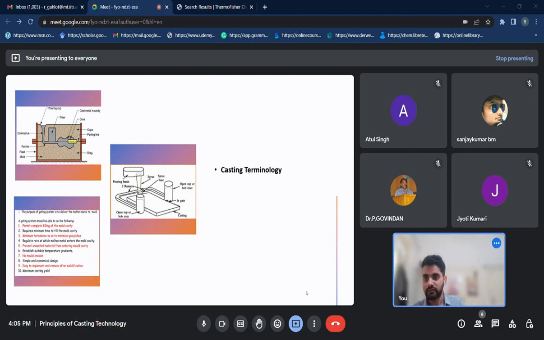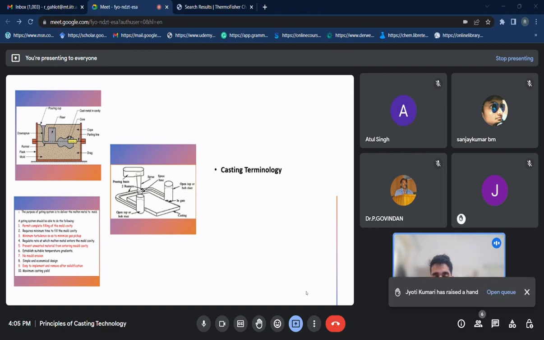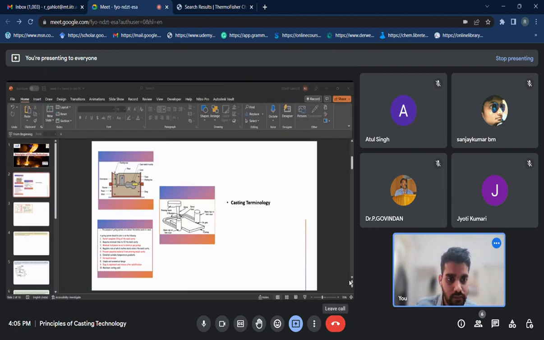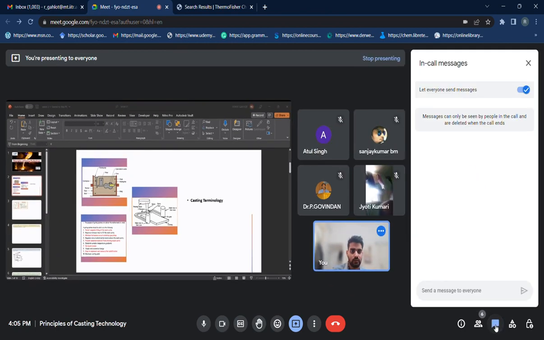If we see the basic casting terminology, the major parts are the pouring basin, riser, runner, mold, then the cope and drag, the parting line. These are already being covered in the theory by Professor Jha.